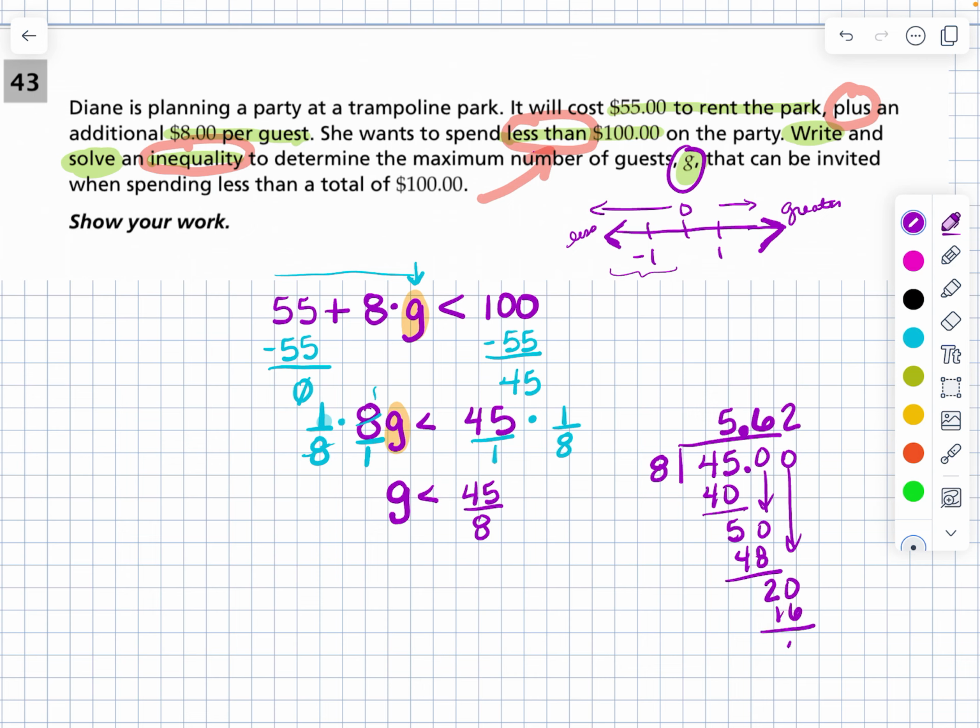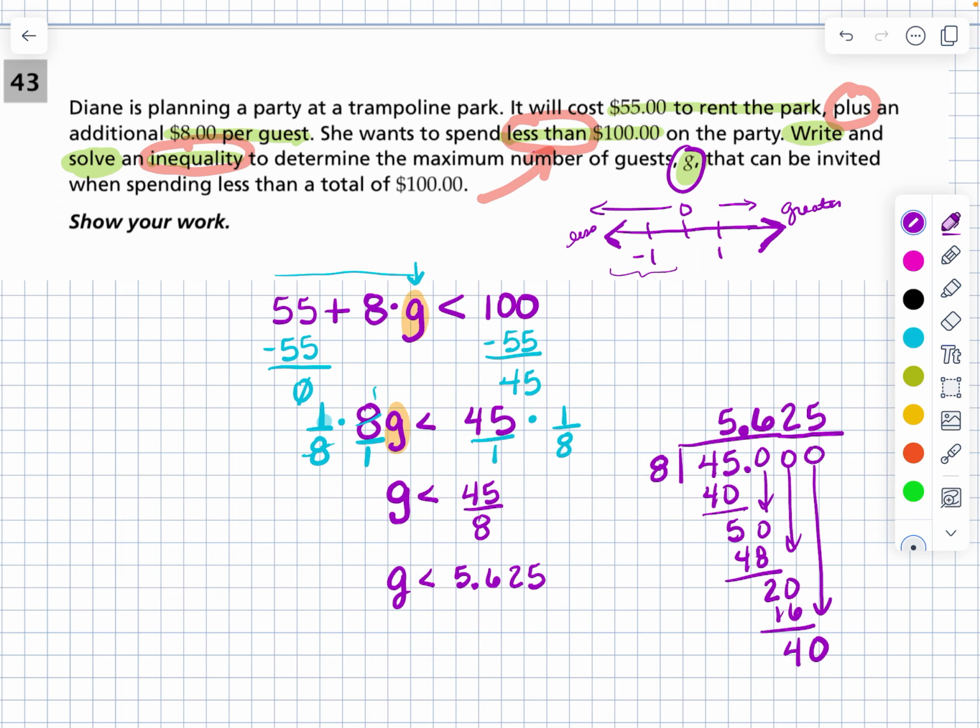I really don't need to go this far, but we're going to do it anyway, just so you can see. It ends here. So this is that answer. G is less than 5.625 people. So we can have less than that number of guests.